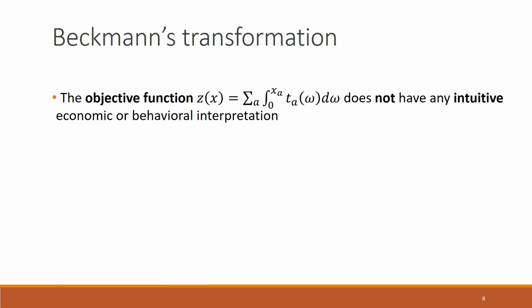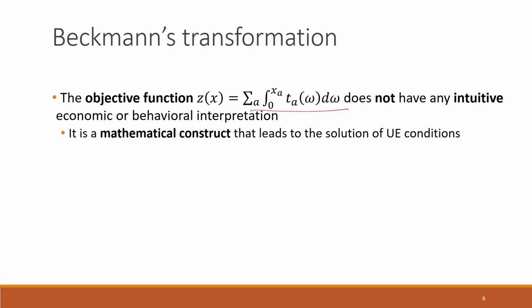Okay, the objective function, this Z(x) equal to this summation here, does not have any intuitive, economic or behavioral interpretation, okay. It is a mathematical construct that leads to the solution of user equilibrium conditions, okay. So as I had mentioned, we will be seeing that the first order conditions or the KKT conditions of this Beckmann's transformation are identical to the user equilibrium conditions.